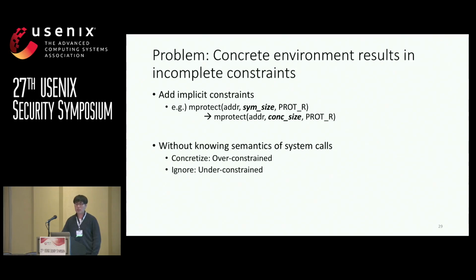If we convert this mprotect with the symbolic size to the concrete size, then it will add some implicit constraint. Without knowing the semantics of this system call, we have only two choices. First, concretize this value, which results in over-constraint, or we just ignore this value, and we will suffer from the under-constraint problem.